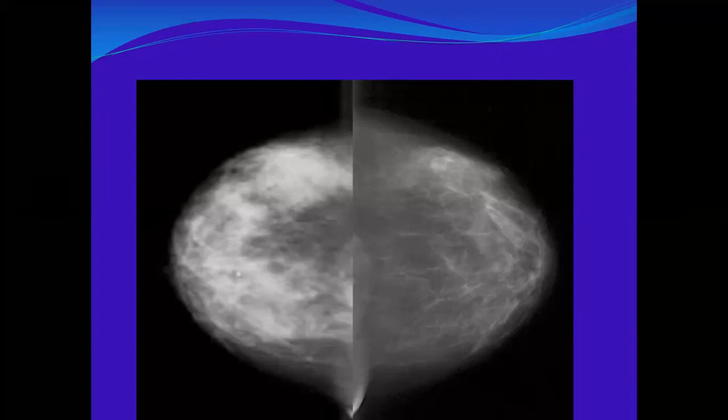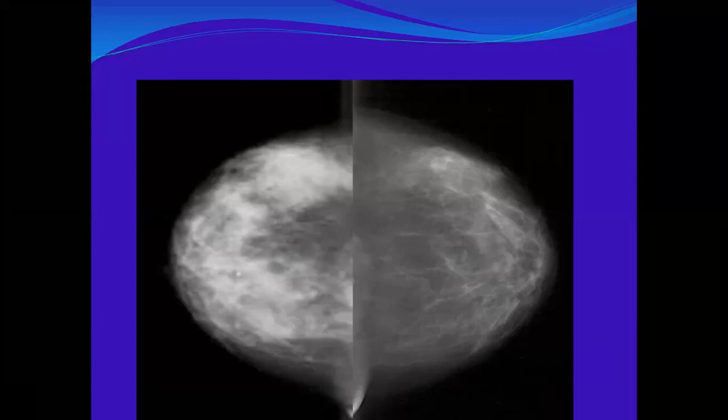If any other, this is mediolateral projection. If any other projection. Okay, there is no other projection. Like such a patient, I proceed for ultrasound.